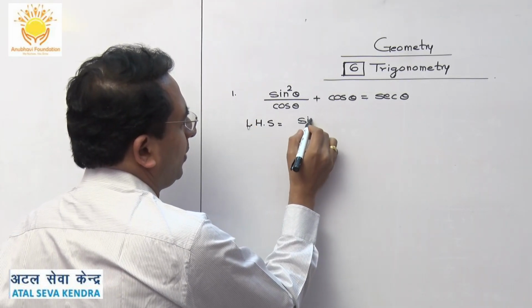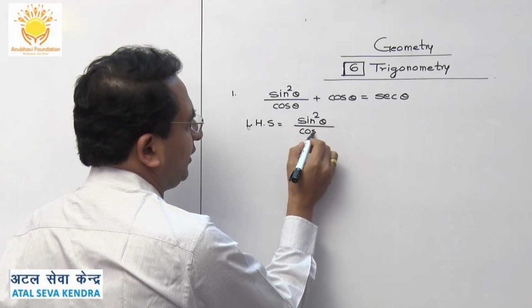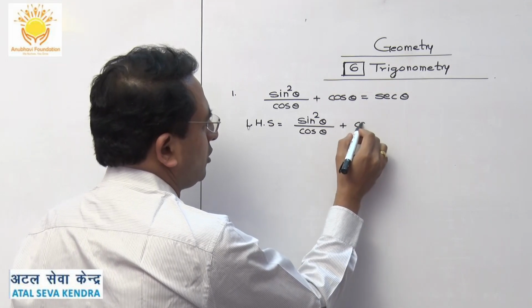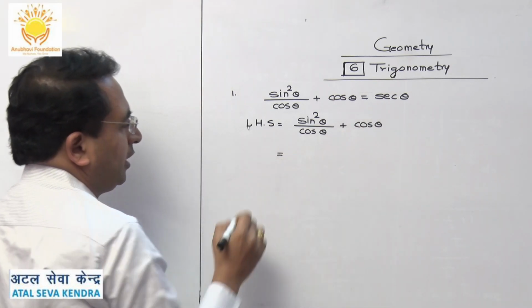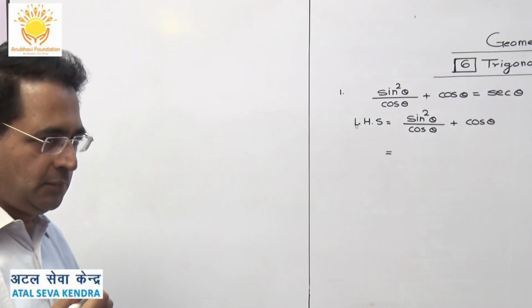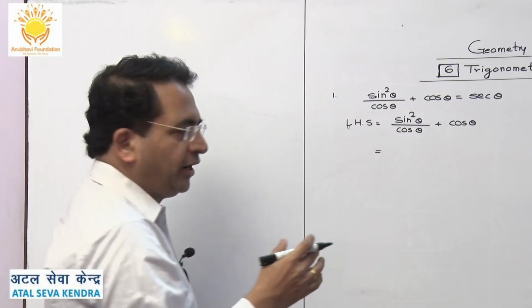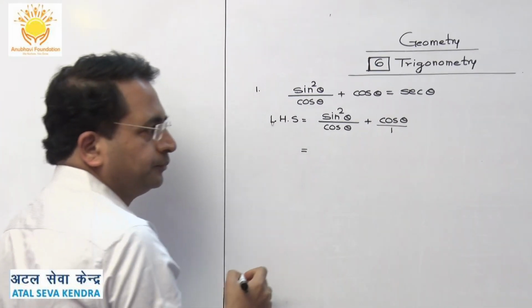I am writing this part as LHS, which is sine square theta upon cos of theta plus cos of theta. Now what happens here? There are two fractions which are to be added. Now both the fractions should have this particular format. It is upon 1.